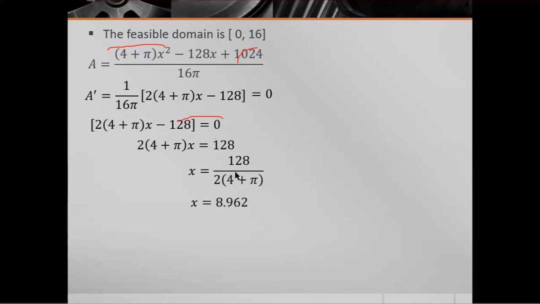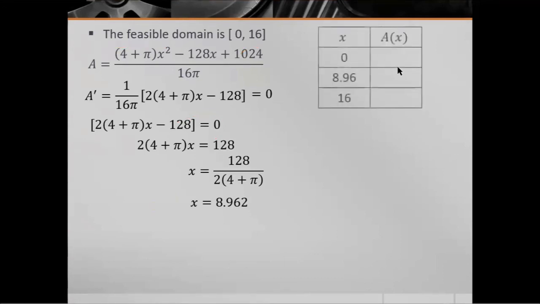And approximately, it is equal to 8.962 or 8.96. Okay, so ayan ngayon ang ating magiging critical number. Ito yung ating critical c. Then, lagyan natin ngayon sa table yung ating critical number 8.96 at yung ating closed interval 0 comma 16.